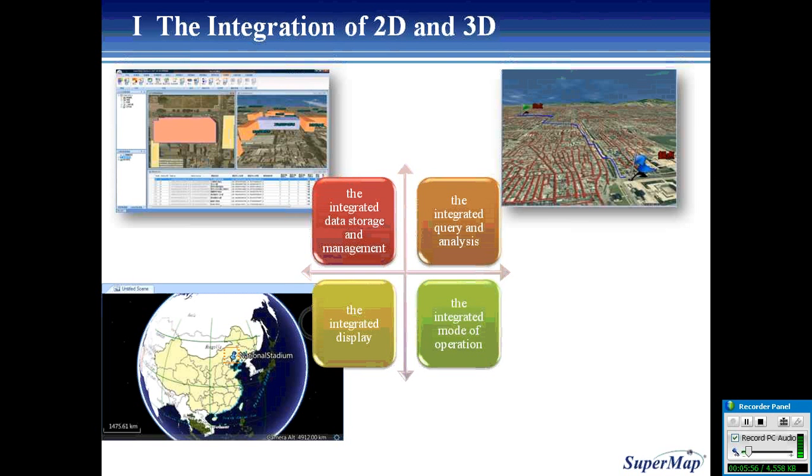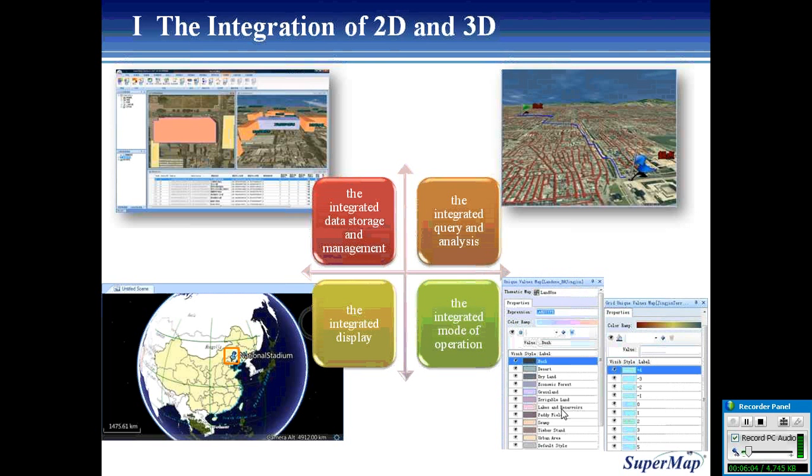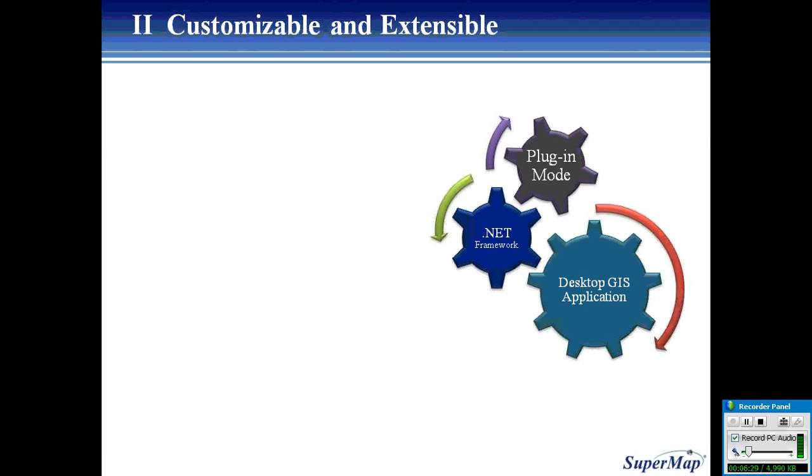Most 2D symbols can be used in 3D scene, and some special symbols, such as the landmark, can also be used in 3D scene. From this picture, you can see here are two dialogues for setting schematic maps of 2D and 3D. They are similar in the UI style and the operational approach, so it is convenient for users to use.